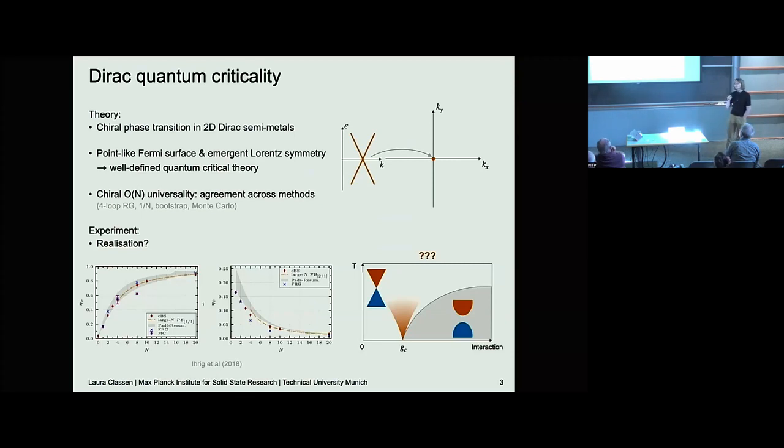And here the situation is really, in a sense, on a different level. We're not discussing qualitatively what is the quantum critical metal here. In fact, it's a semi-metal, but there is already agreement emerging on the quantitative side: what are the critical exponents that characterize this phase transition, across different methods?